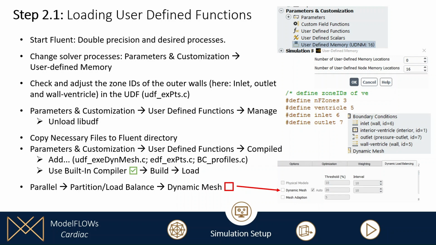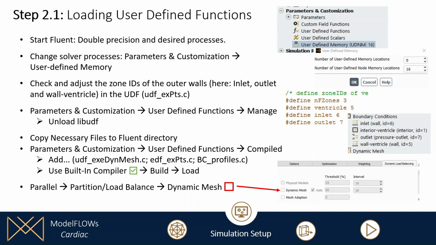Then another thing to check is the boundary condition IDs, where if they are different from what you can see here, you have to go to the UDF point profile file and change these numbers.